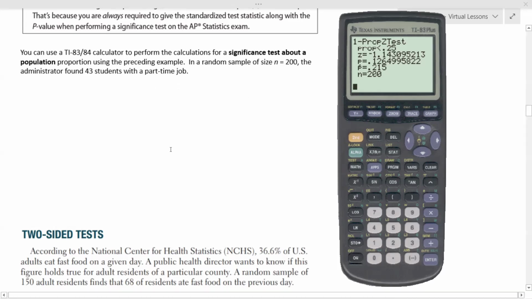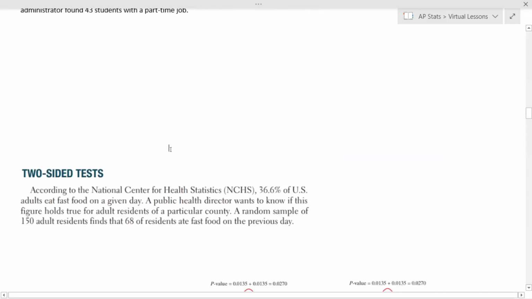So we want to talk a bit about two-sided tests. According to the National Center for Health Statistics, 36.6% of US adults eat fast food on a given day. A public health director wants to know if this holds true for all adult residents of a particular country. So a random sample of 150 adult residents finds that 68 of the residents ate fast food.